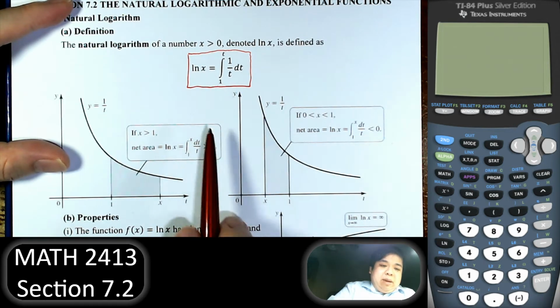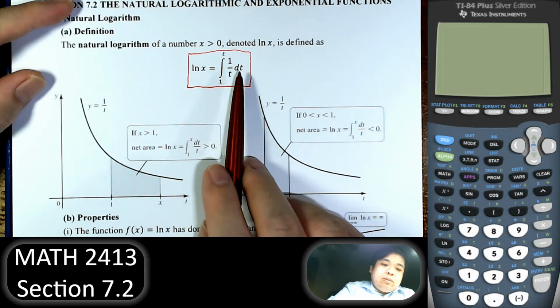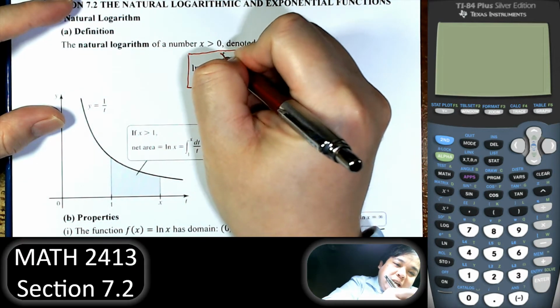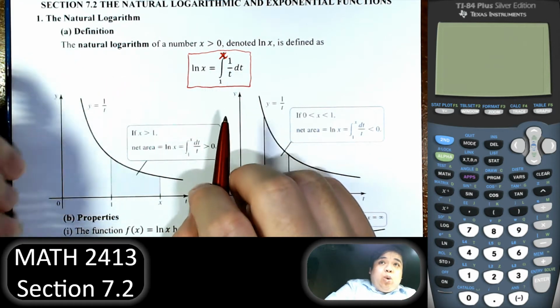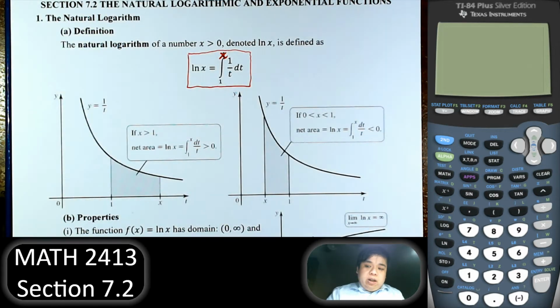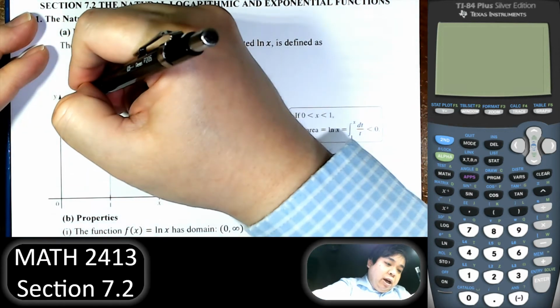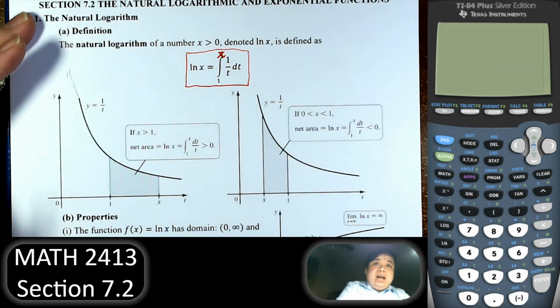I'm sorry, there's a typo here, there should be x here. x could be less than 1, could be more than 1, but it has to be positive, because the function here approaches a vertical asymptote, so x cannot be negative.